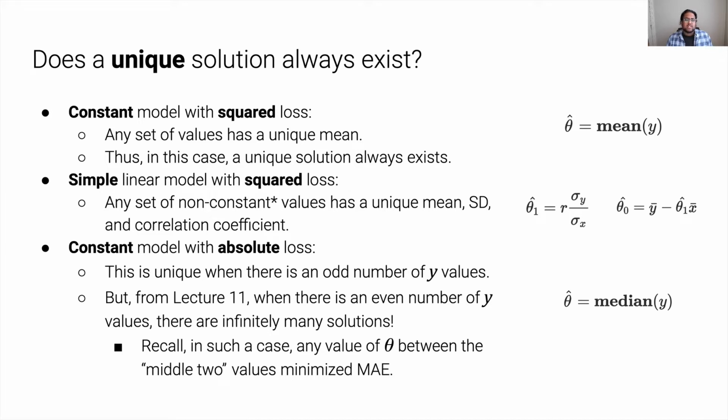Any value that was between the middle two values when we had an even number of observations minimized mean absolute error. And you can go back to that lecture video if what I'm saying right now is a little unclear. But my point in bringing this up is that there doesn't necessarily need to be a unique solution for the optimal value of theta.